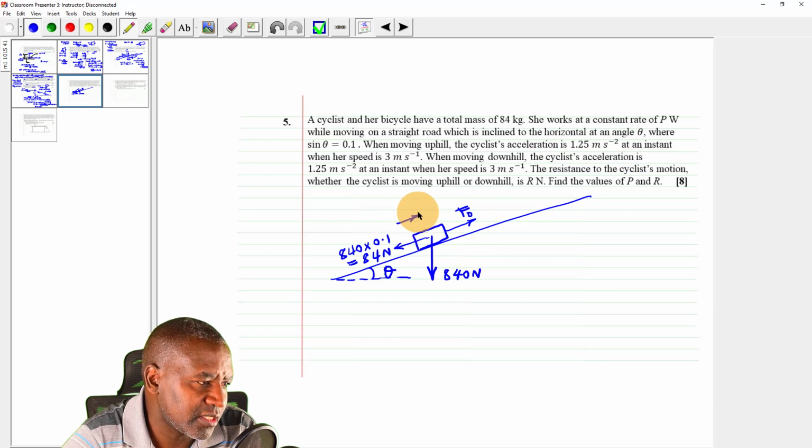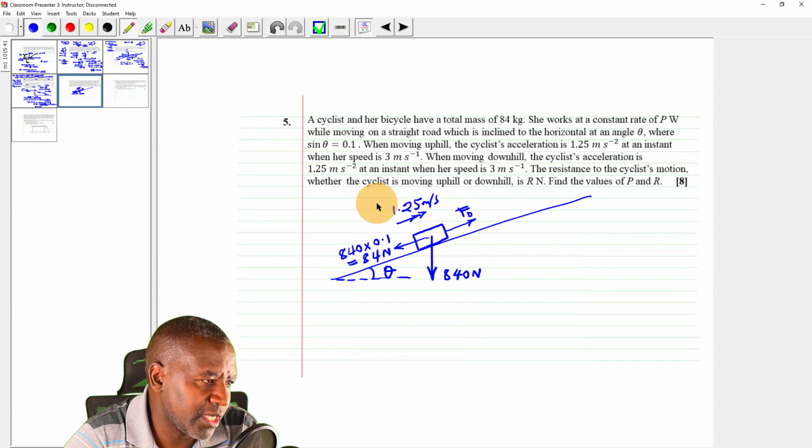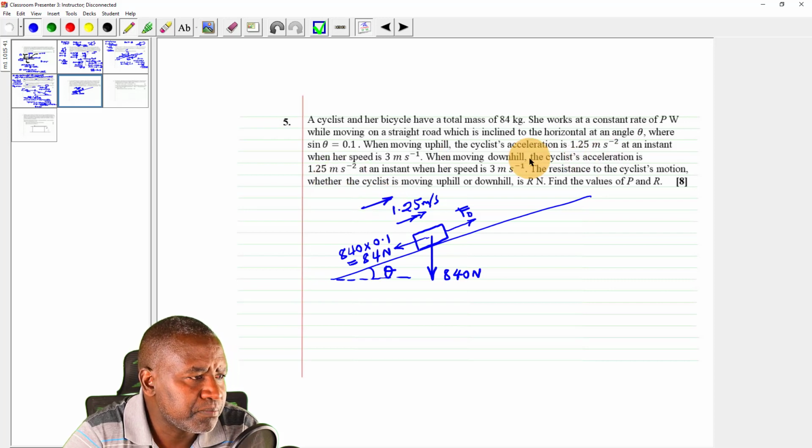When this is the case, the acceleration will be 1.25 meters per second squared.